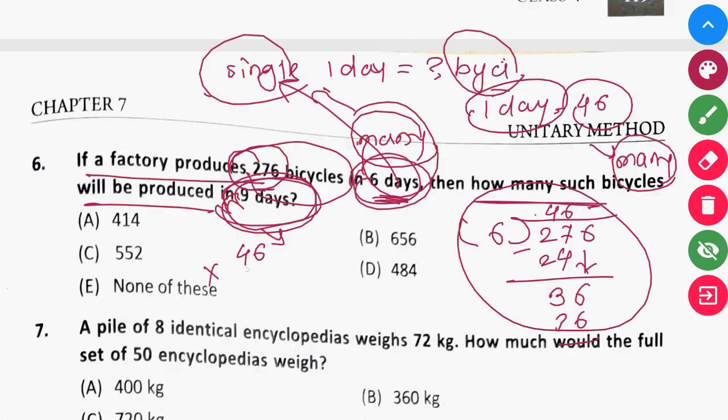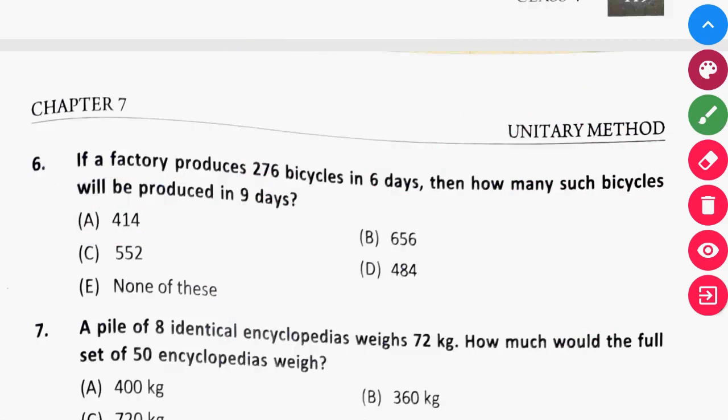Okay, so multiply 46 by 9. 9 6s are 54. 4 will be there on the base and 5 will be the carry forward, and 9 4s are 36, plus 5 is 41. So our answer is 414. So in 9 days that factory produces 414 bicycles.